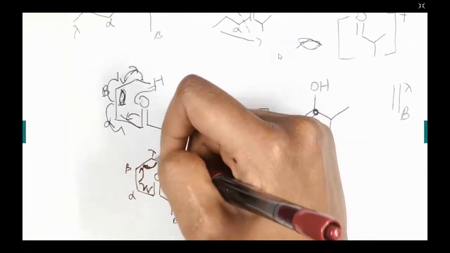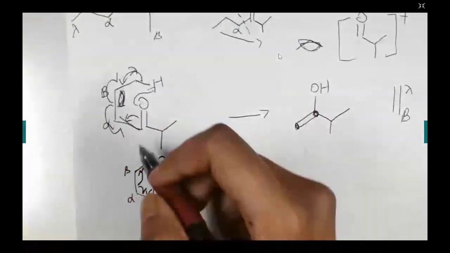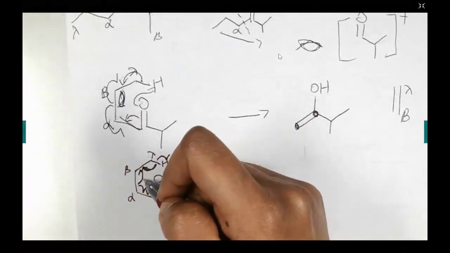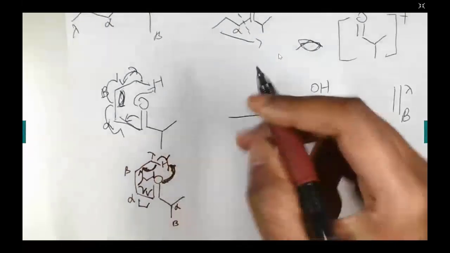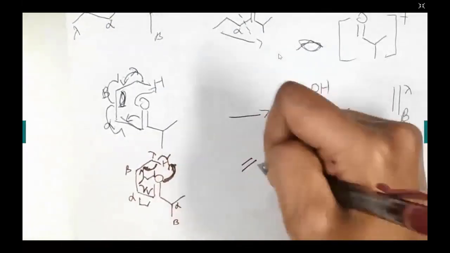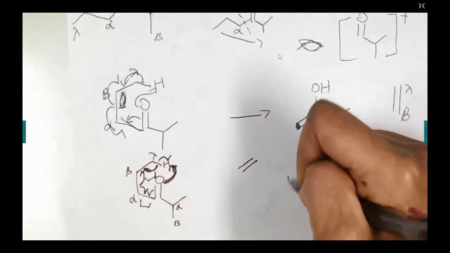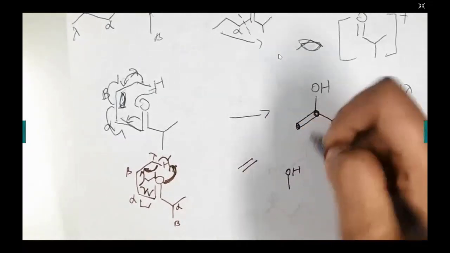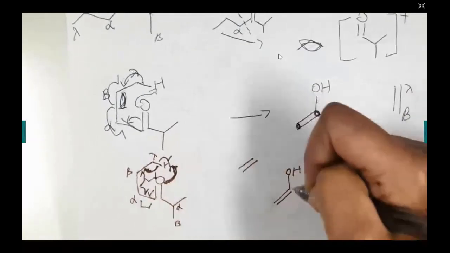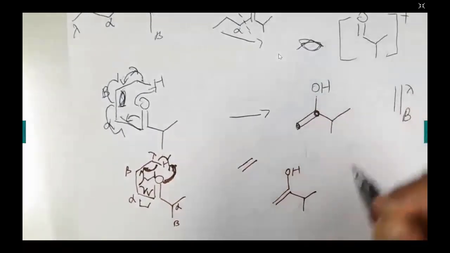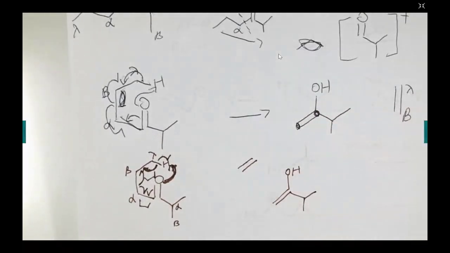Hydrogen took one to form a bond, gave back one, right? And what this does is over here, we see two electrons here and two electrons here forming a bond, right? However, to form this bond, we had to break the alpha and beta. So to form these double bonds, we have to break the alpha and beta carbon bond. Is that a little more clear?